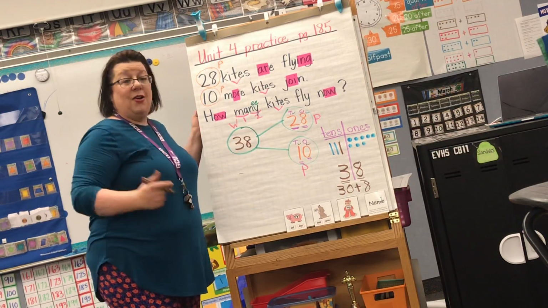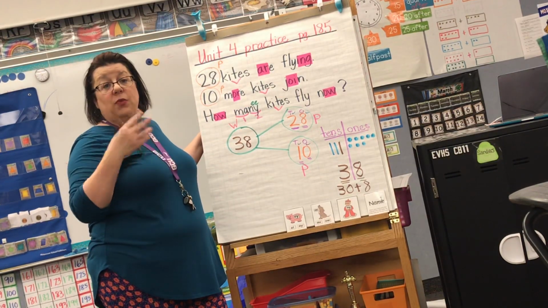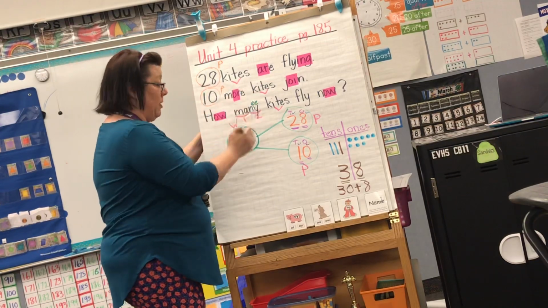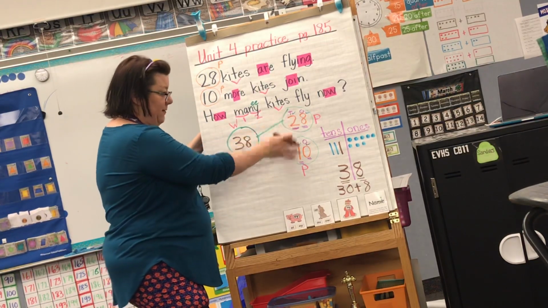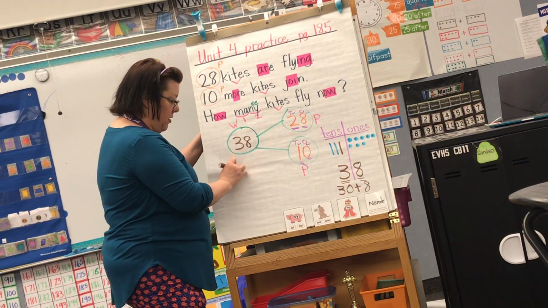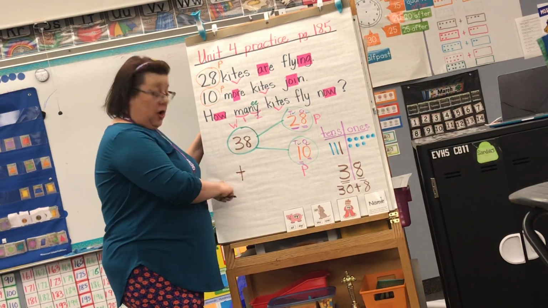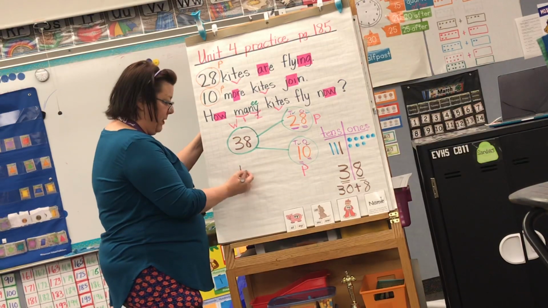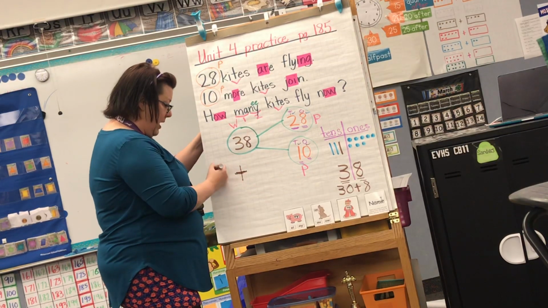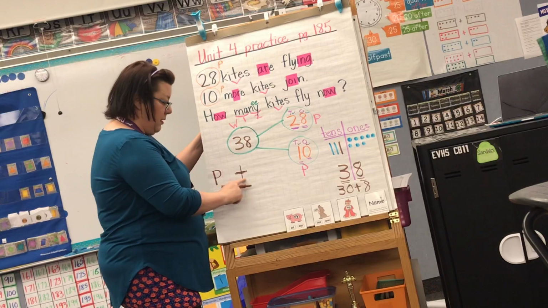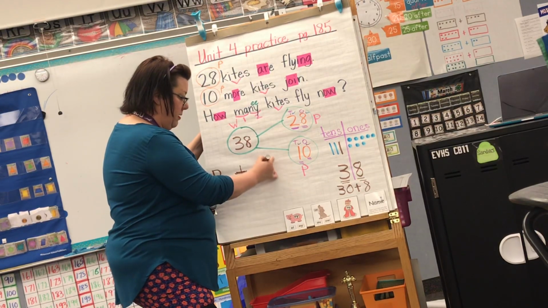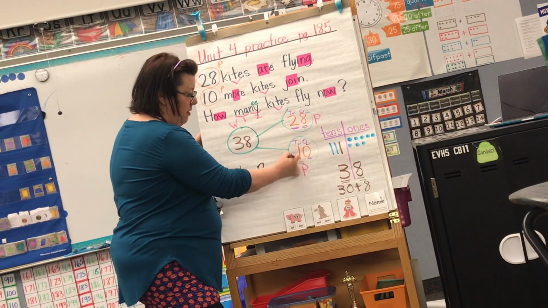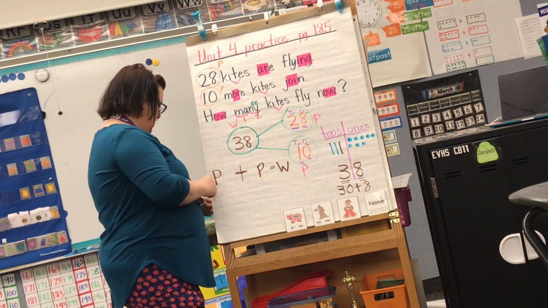Now, I know I always need to write an equation whenever I am writing and solving my problems. And I know that if I have two parts, a part plus a part equals a whole. So here's my plus symbol. So I need to put a part plus a part equaling my whole. Okay?